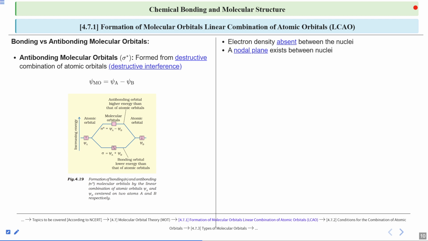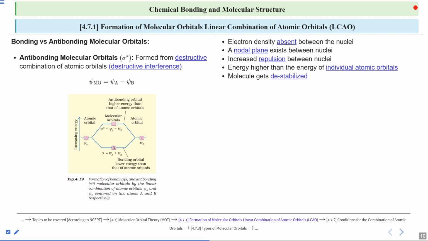We'll talk about this in detail when we see nodes. But for now, just understand simply that in anti-bonding, the electrons are removed from the center and that results in a nodal plane. As a result, this will give more repulsion because now there is no shield between the two nuclei. And in turn, it will increase the energy and destabilize the molecule.